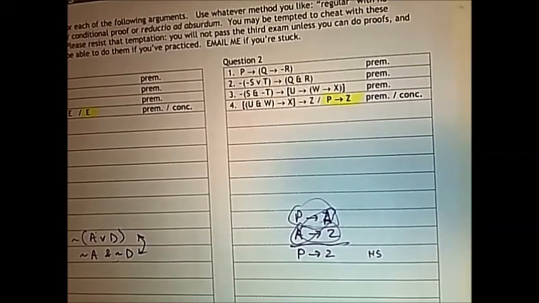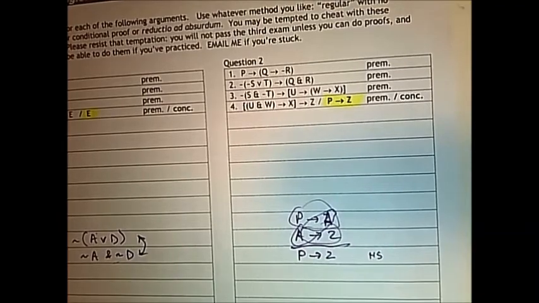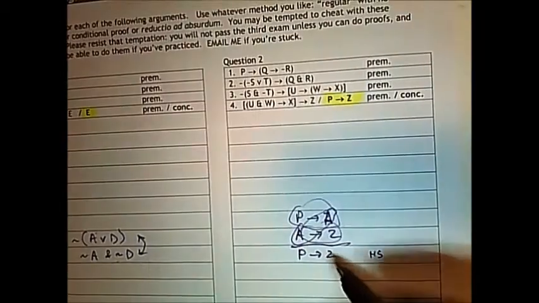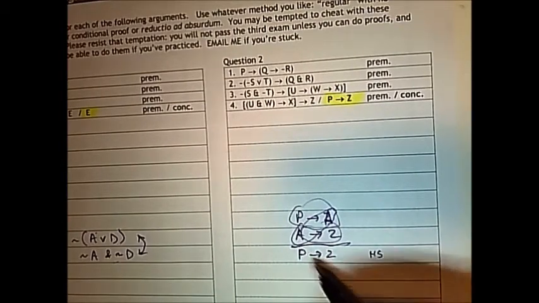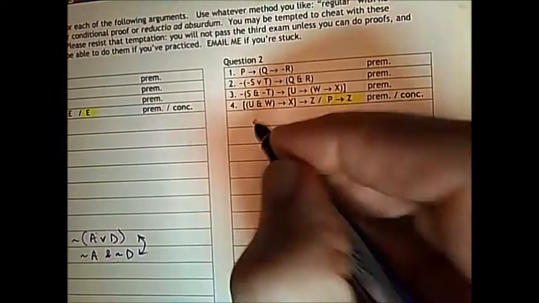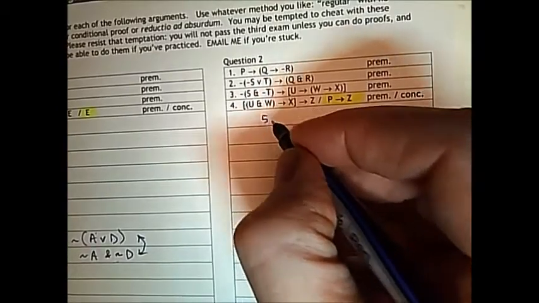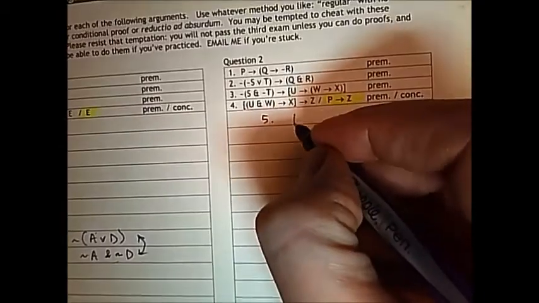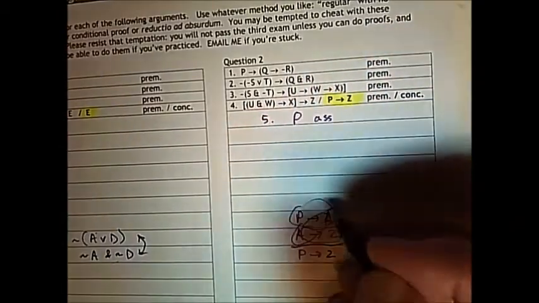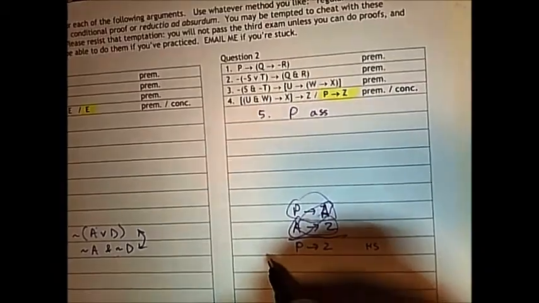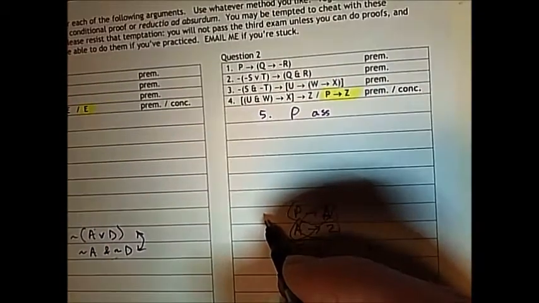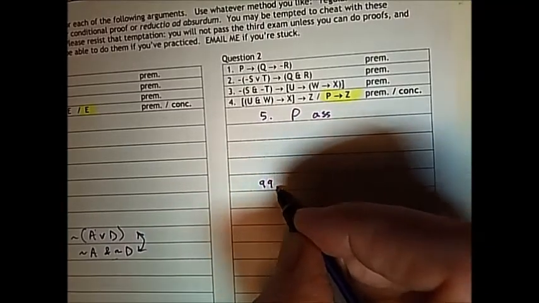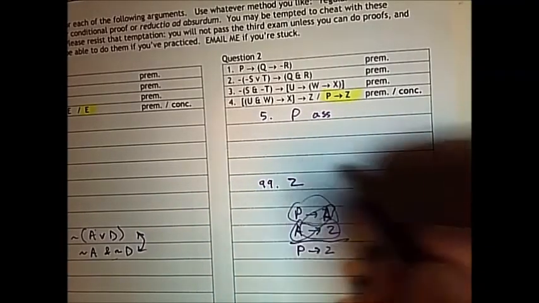Now, that's one way to do it. Probably an easier way to do it is to do conditional proof. Now, if you remember, conditional proof is a way of proving a conditional like this, and it works by, you start by assuming the antecedent of the conditional you want to prove, which in this case is P. And then you keep going until you get, and remember you're in fantasy land here, that's why they're indented, and you keep going, say, to line 99 when you end up with Z. However you got that.